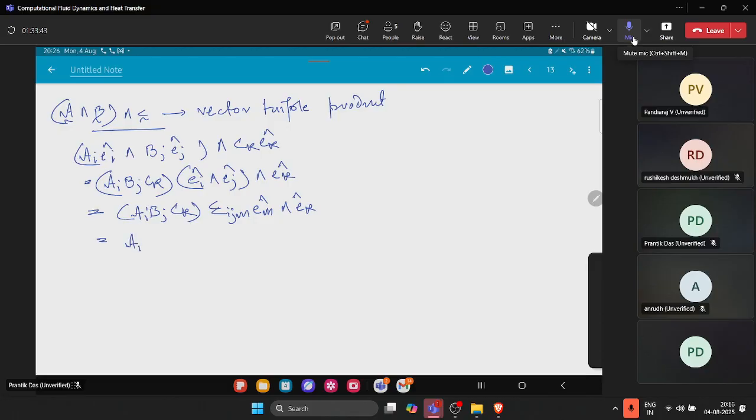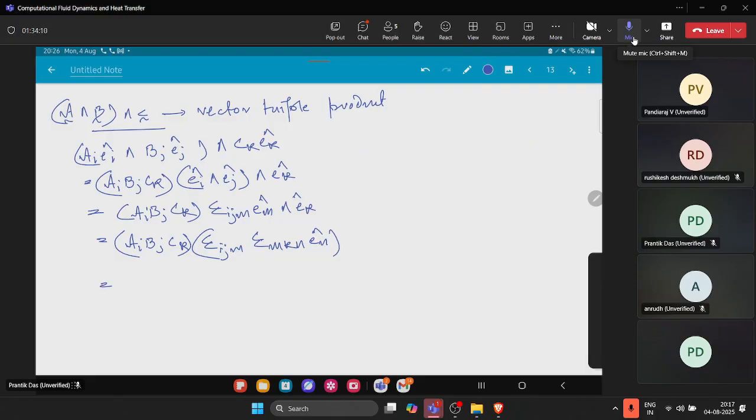Then this is AI, BJ, CK, epsilon IJM, epsilon MKN, EN cap. Since I have told you earlier that if you cross EI cross EJ, it becomes epsilon IJM EM cap. Okay.